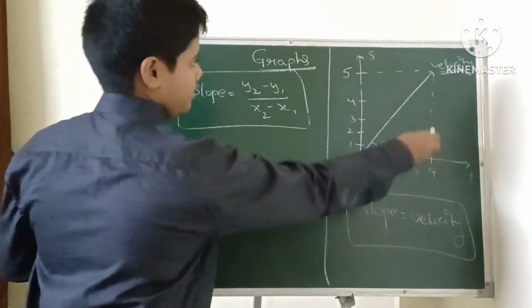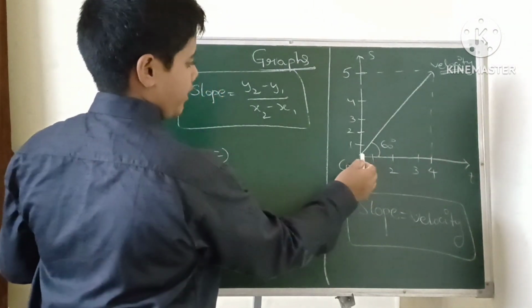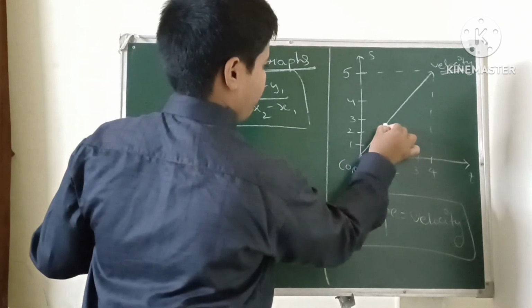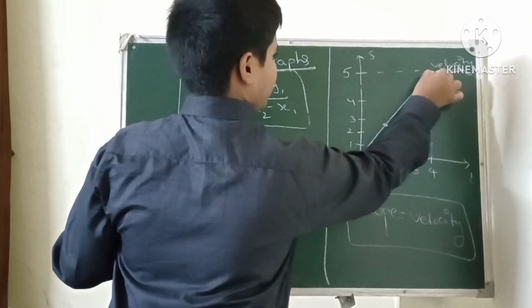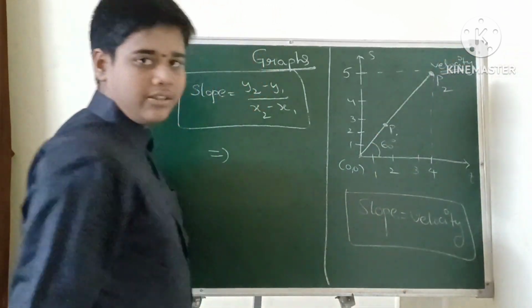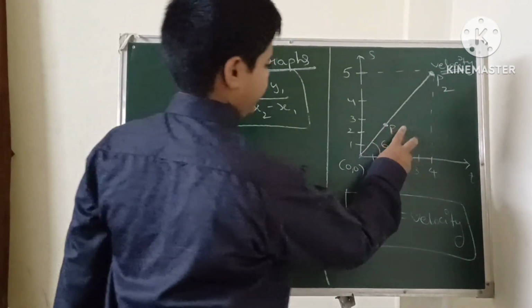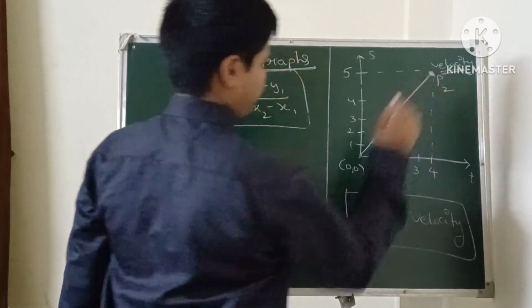So here y2 is 5. For y1, I am taking one of the points as p1 and this is one of the points, p2. I have to consider 2 points. This is p1 and this is p2.